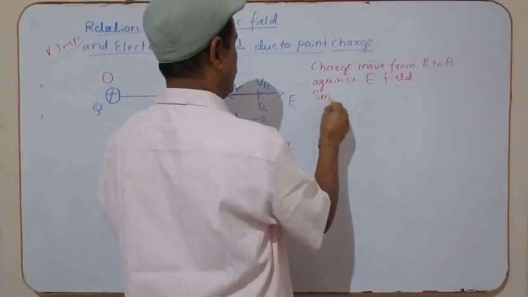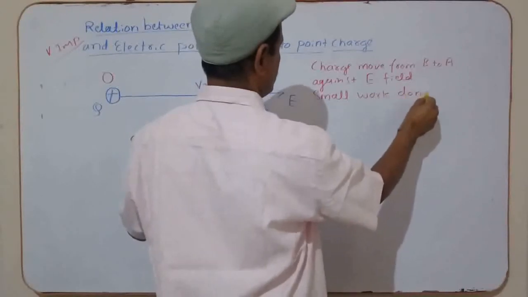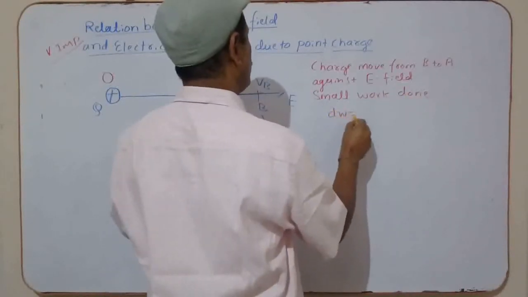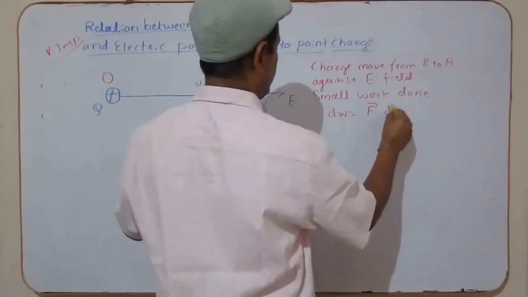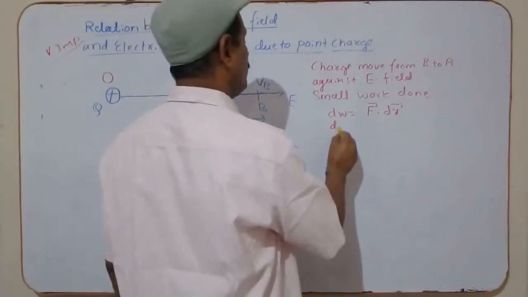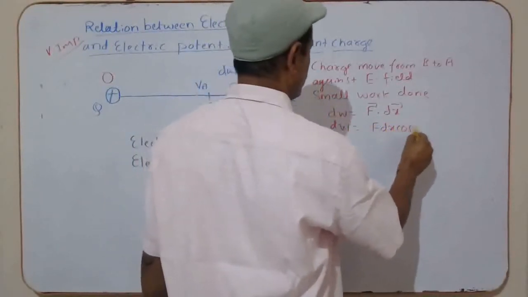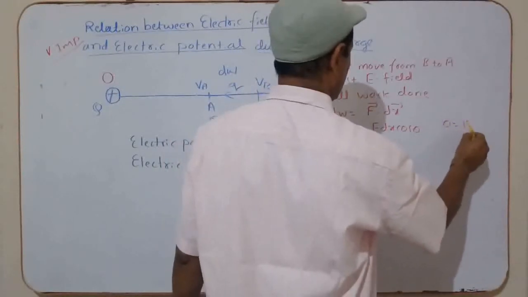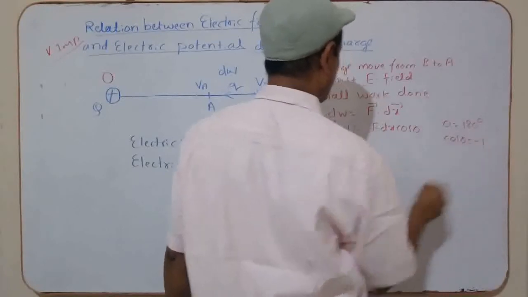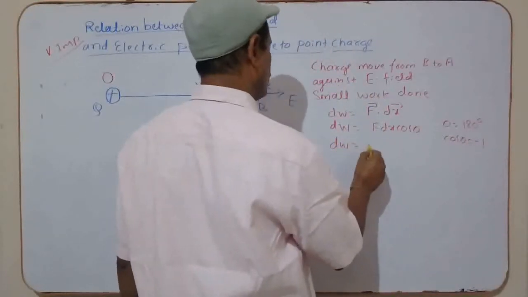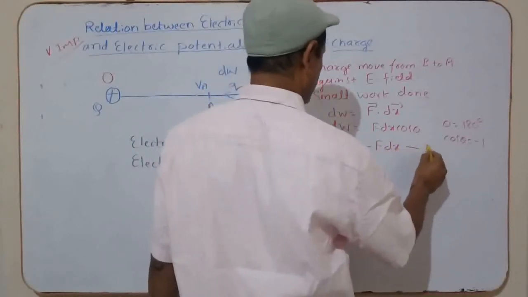Small work done, that is dW, is equal to vector F dot vector dx, but dW is equal to F dx cos theta. Theta is 180 degrees, opposite to the field. Cos theta is equal to -1. So dW is equal to minus F into dx. This is equation number 1.